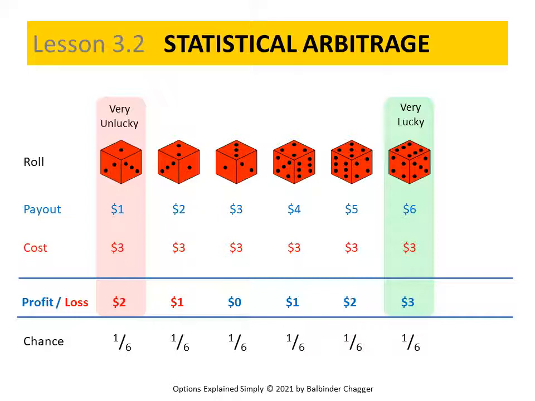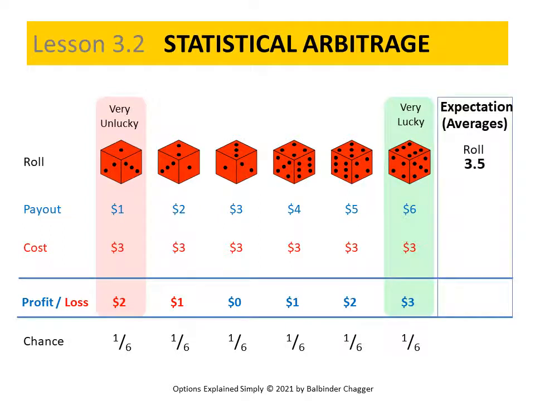However, if we play this game repeatedly, then the 1/6 chance value becomes meaningful and relevant. Then we expect rolled numbers to average out to 3.5, meaning we expect to receive on average $3.50 and thus make an arbitrage profit of 50 cents per play.